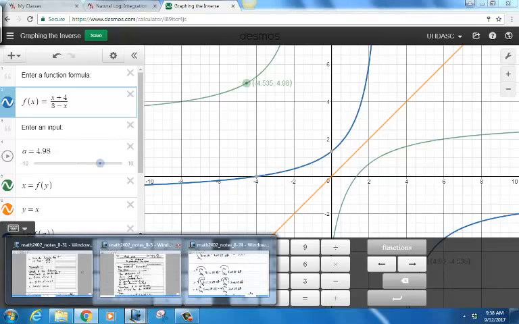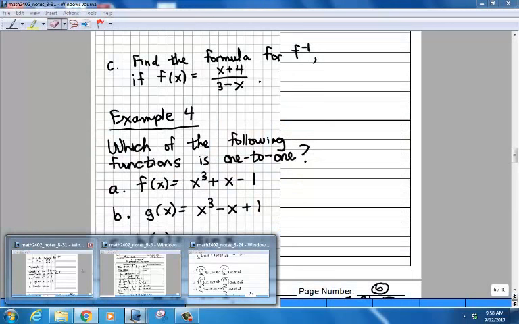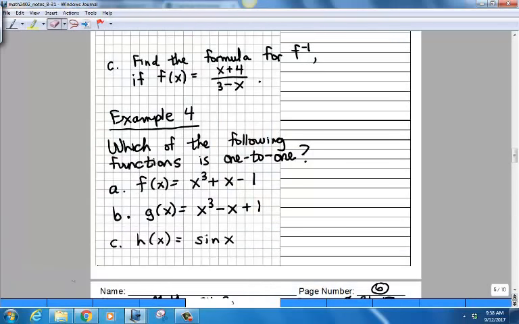So there's what the graphs look like, but fortunately we're not trying to make the graphs, okay? All we want to do in this problem is just figure out what the formula looks like. So see if y'all can find for me the formula for the inverse function, okay? So everyone work on that.